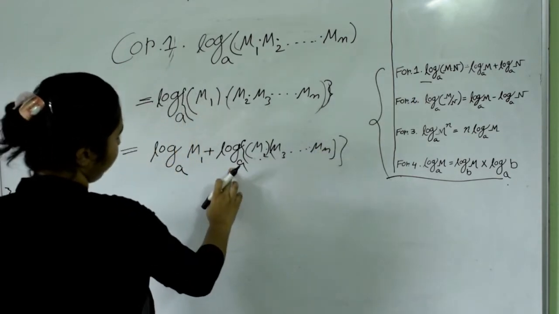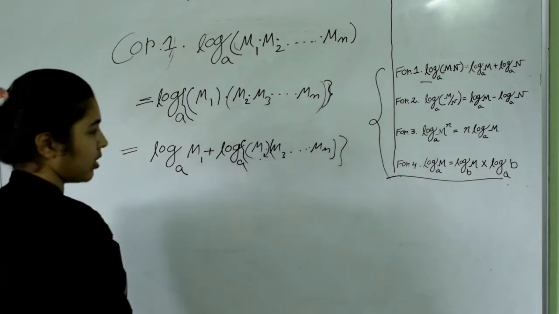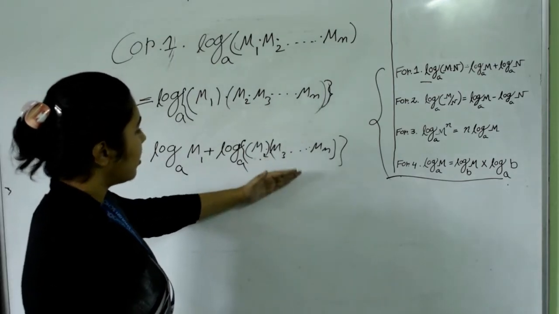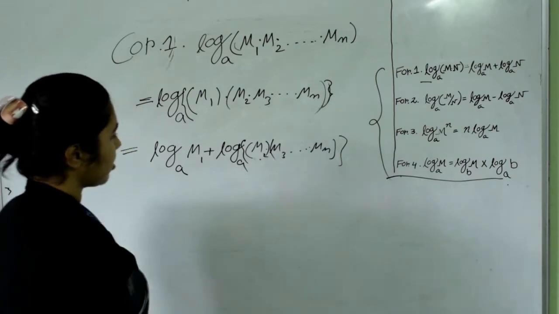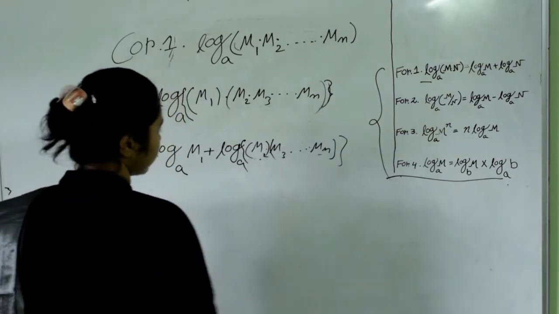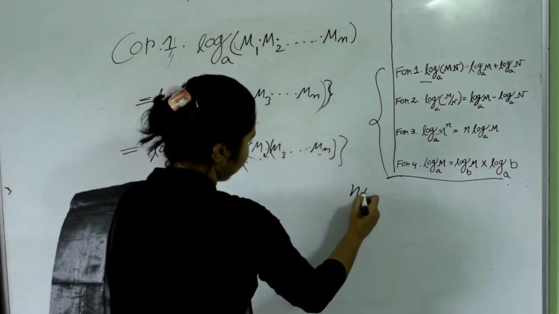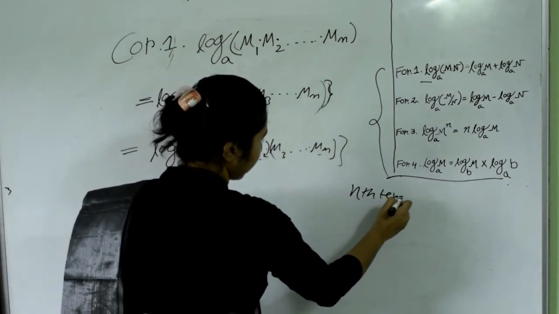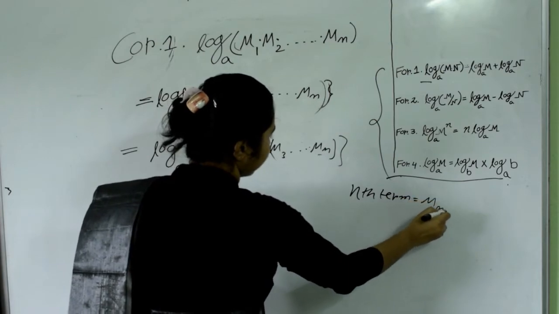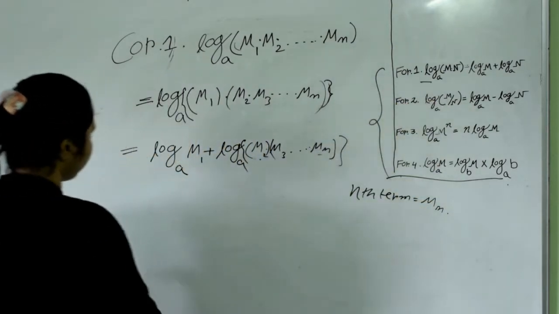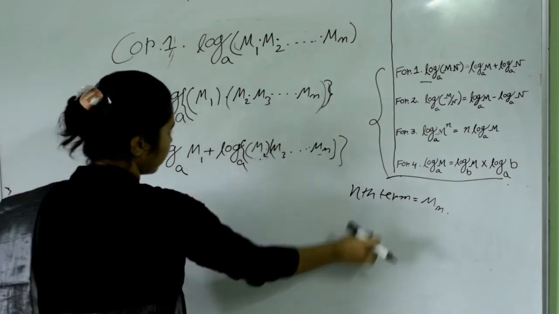We will get log a m2 plus log a of m3 up to mn, and repeat this process up to the nth term, which is mn. Now apply the same formula 1 up to the nth term.